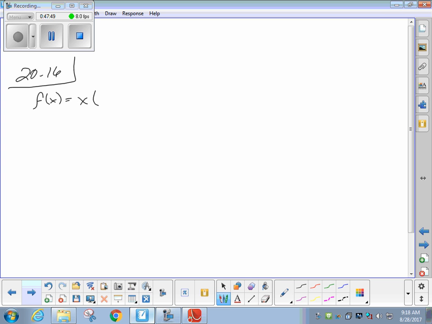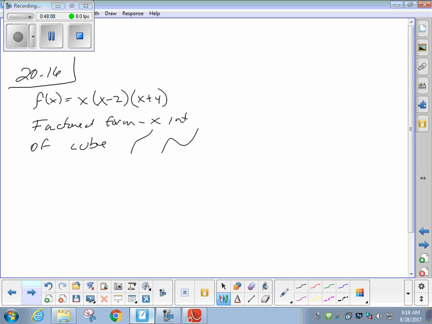x minus 2. You really need to be proficient in graphing factored form. This is factored form, which makes it easier to find x-intercepts. And this is a cube. And so it looks like one of those two shapes, positive x cubed, following those x-intercepts.